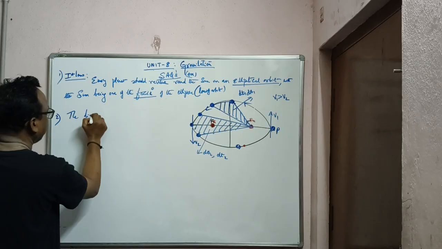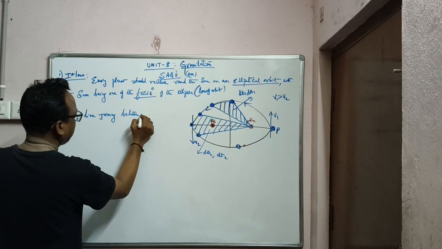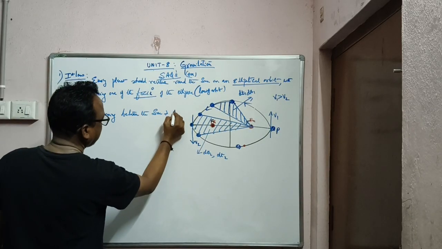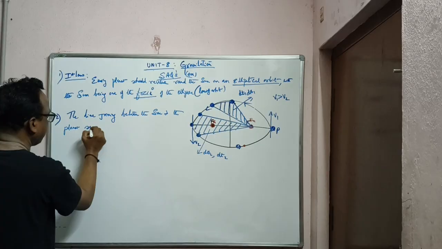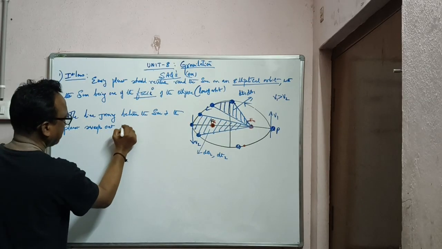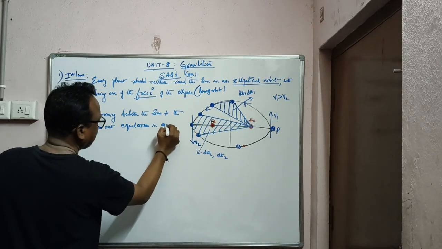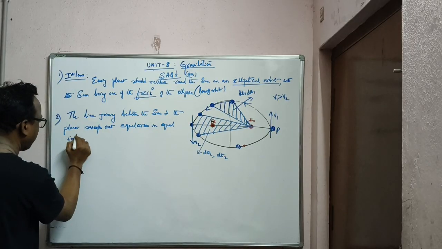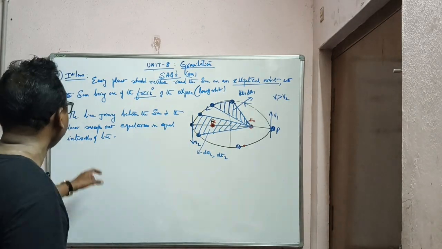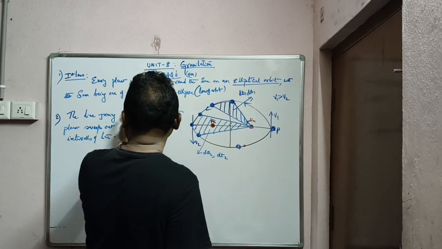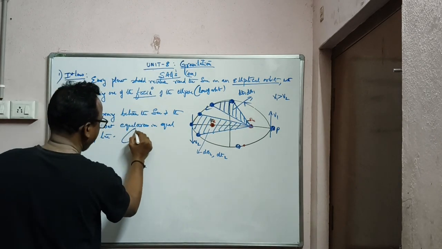So the line joining between the sun and the planet sweeps out equal areas in equal intervals of time. This is the second statement of Kepler, also called the law of areas.